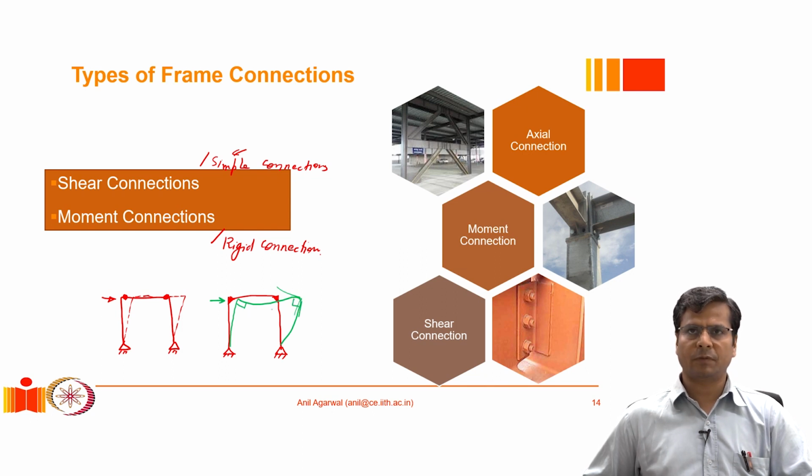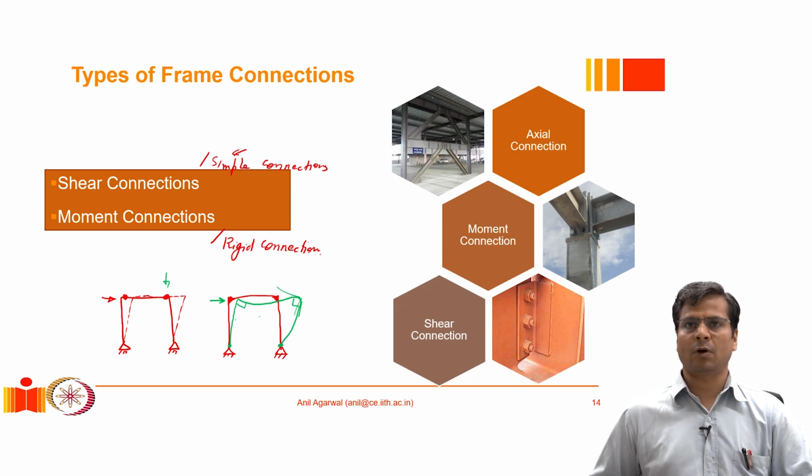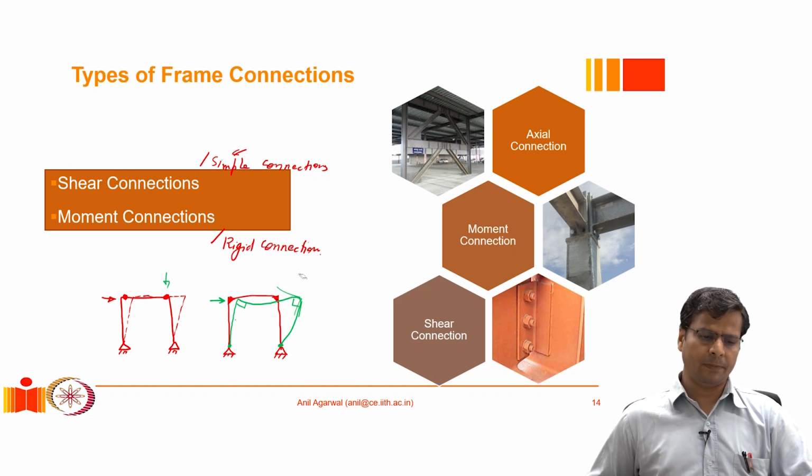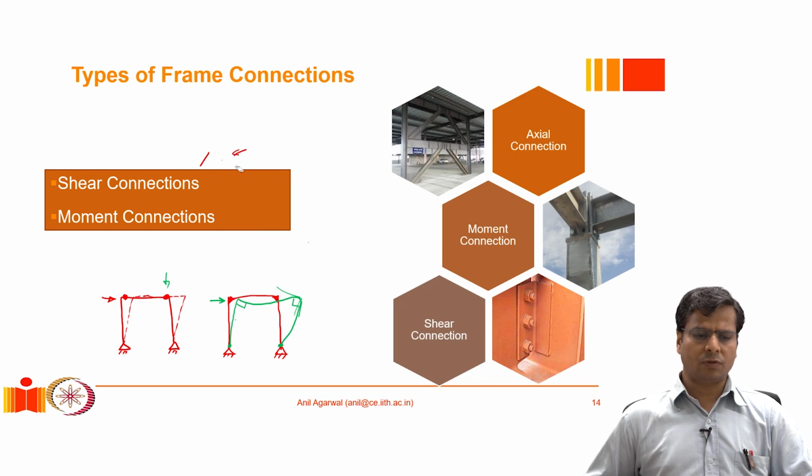In this kind of deformed shape, you can see that the members are going to be subjected to flexure. The members will not remain as rigid bodies like that was the case in the previous example. Here, the members are subjected to flexure. That means this frame is offering resistance to the lateral load. These two types of connections are very commonly used in steel structures, and we will learn about them.